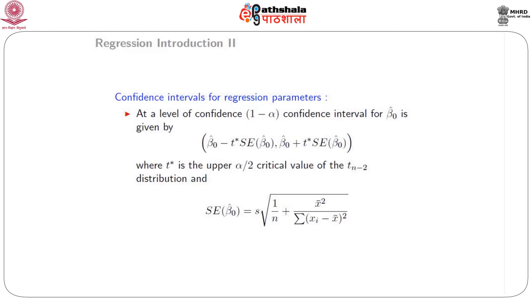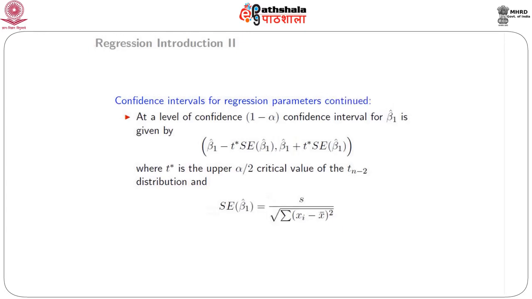And as I have mentioned before, we do not know what the value of sigma is, so we replace sigma by S. And the confidence interval for the slope parameter in a regression setup is, at a level of confidence 1 minus alpha, given by beta 1 hat minus t star times SE of beta 1 hat and beta 1 hat plus t star times SE of beta 1 hat, where t star again is the upper alpha divided by 2 critical value of the t n minus 2 distribution, and SE of beta 1 equals S divided by square root of summation xi minus x bar whole square.